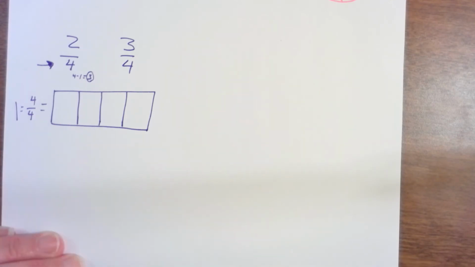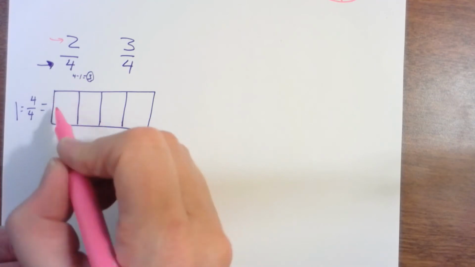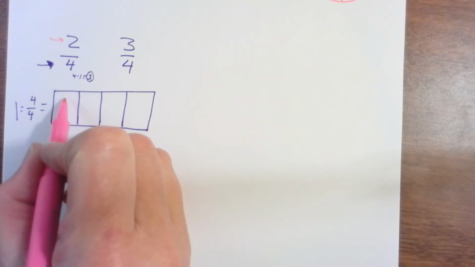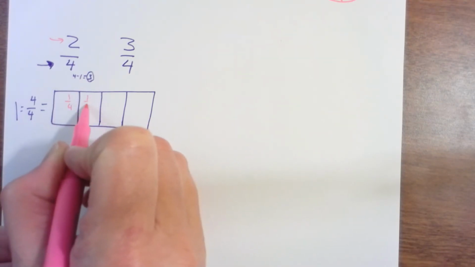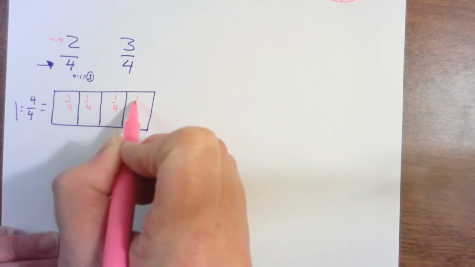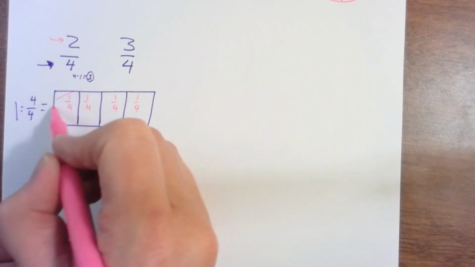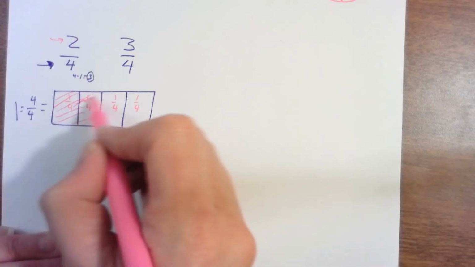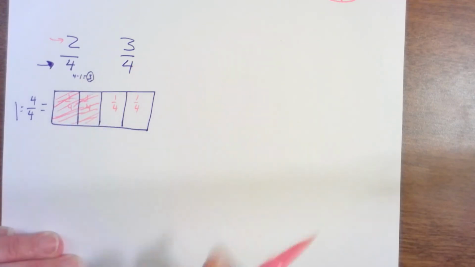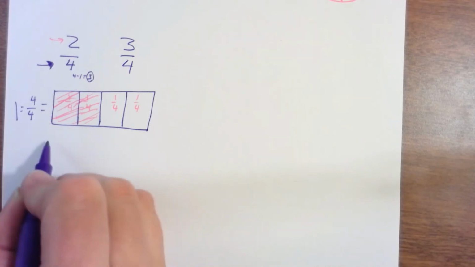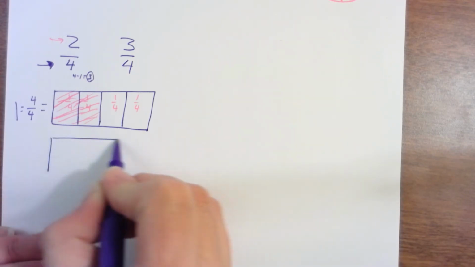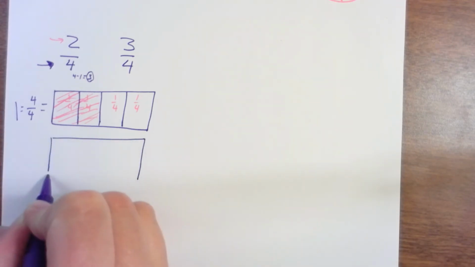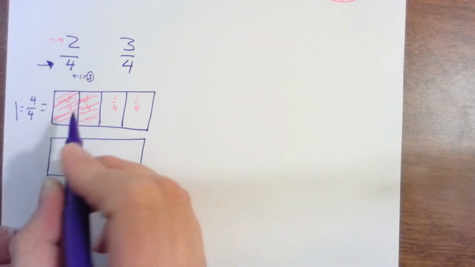Alright. Now they're asking us to shade in 2. Right? So this is 1/4, 1/4, 1/4, and 1/4. They want us to shade in 2. So there's 2/4 shaded. Okay, now I'm going to make another rectangle, and I'm going to make it right next to each other.